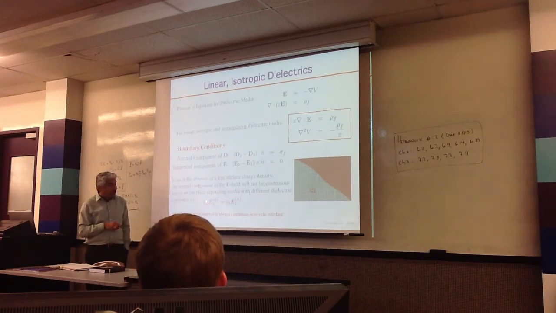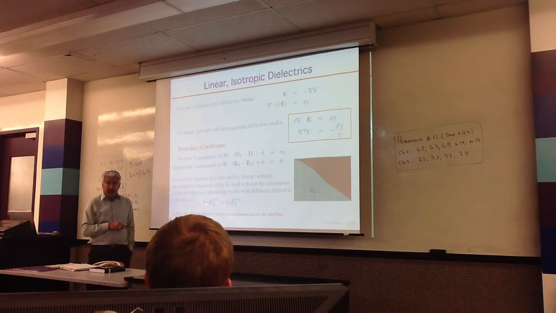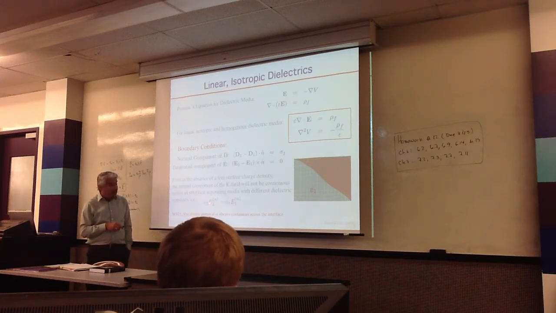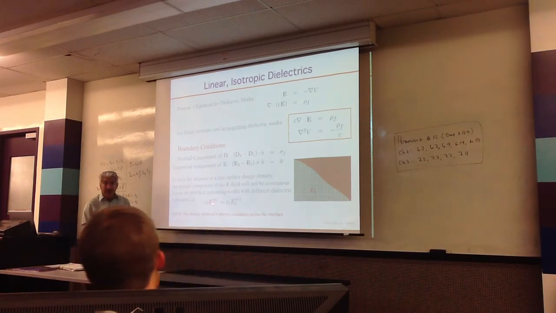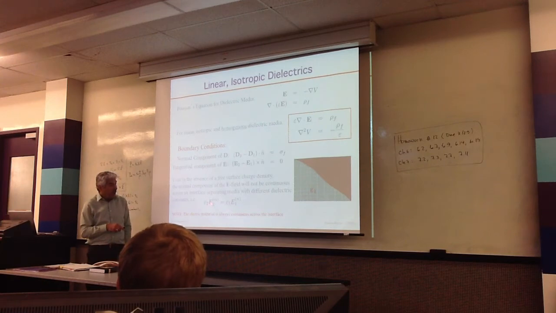So say that this epsilon 2 is greater than this one. The water has a bigger permittivity than air, right? But this is air. So that basically means that then the normal component of the electric field inside the pool, for light, say, has to be smaller than what it is outside.